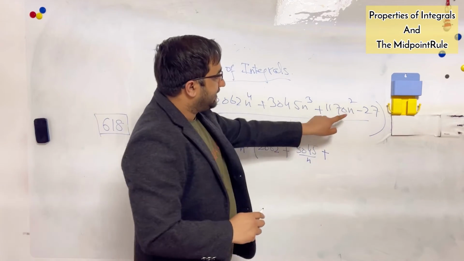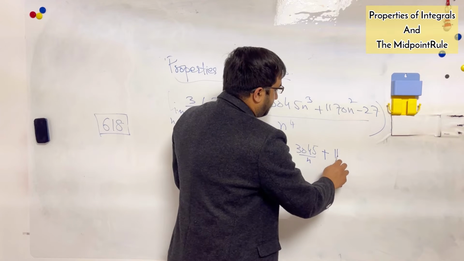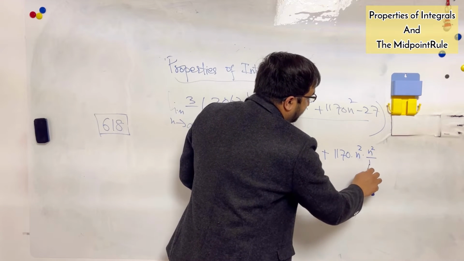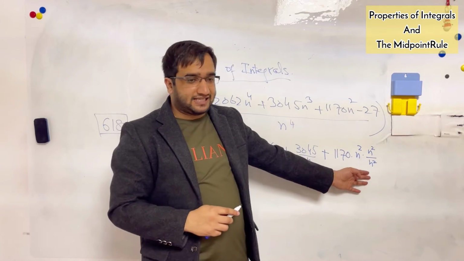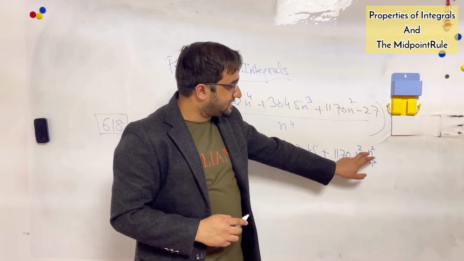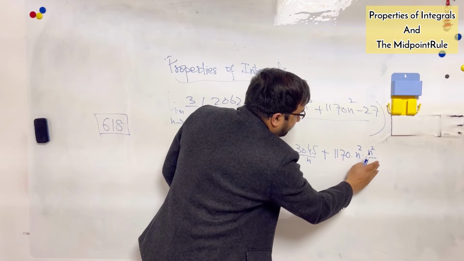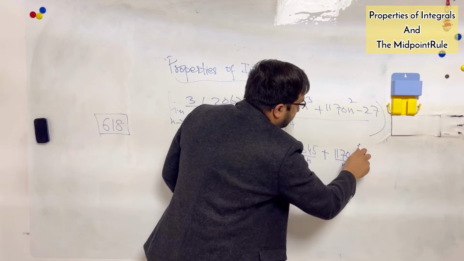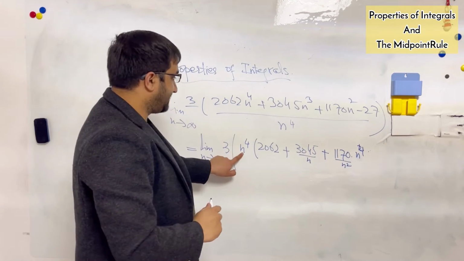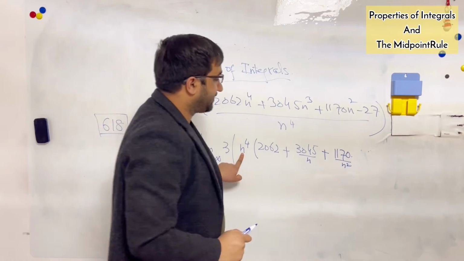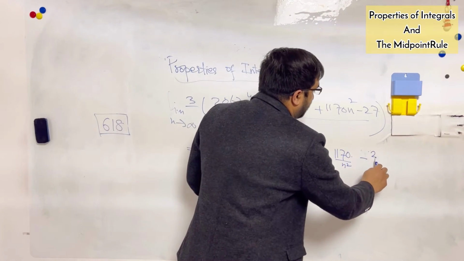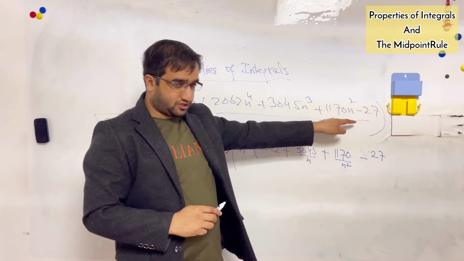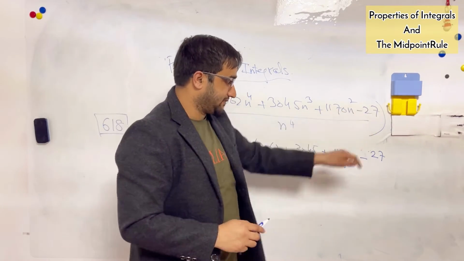Similarly, here you have n^2. You can make it n^4 simply by multiplying and dividing by n^2. So actually you are doing nothing. These cancel out to 1. But you can write this lower n^2 here and this one multiplies here, so it becomes n^4, and I just took it outside as a common factor, so it is okay. Similarly, minus 27, you don't have any n^4 here, but you are taking n^4 common from each term, so you have to make an n^4 here.